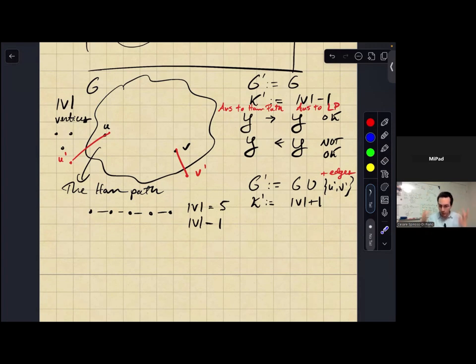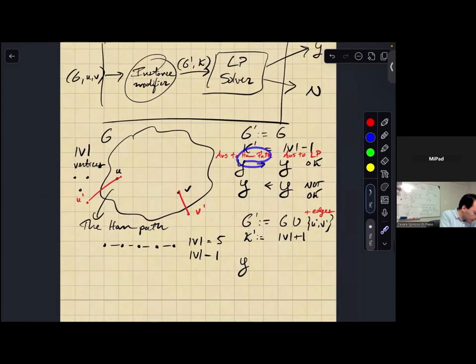Now I want to show the correctness of this reduction. So I first want to show that if I have a yes to the instance of the Hamiltonian path, which as a reminder is G, U, V. It's not G prime, U prime, V prime, it's G, U, V. So if my answer to my instance G, U, V is yes, then I have to argue that my answer to my LP problem, where the instance is now G prime and K prime, should also be yes.